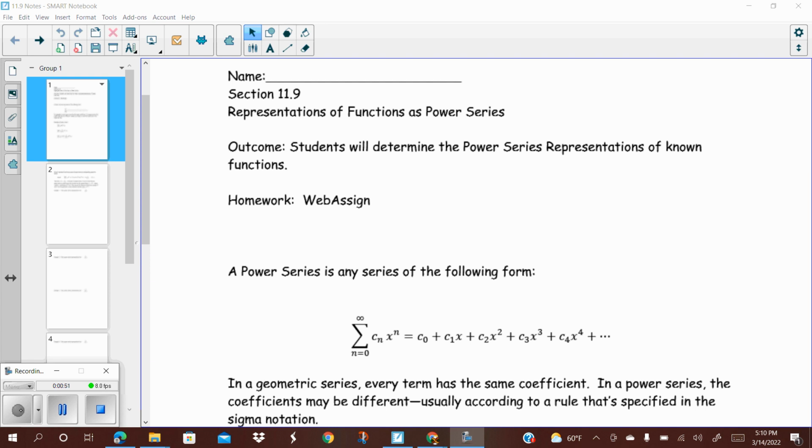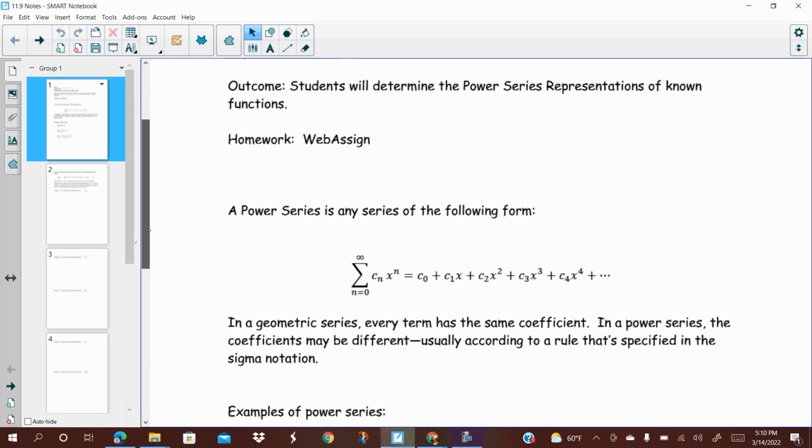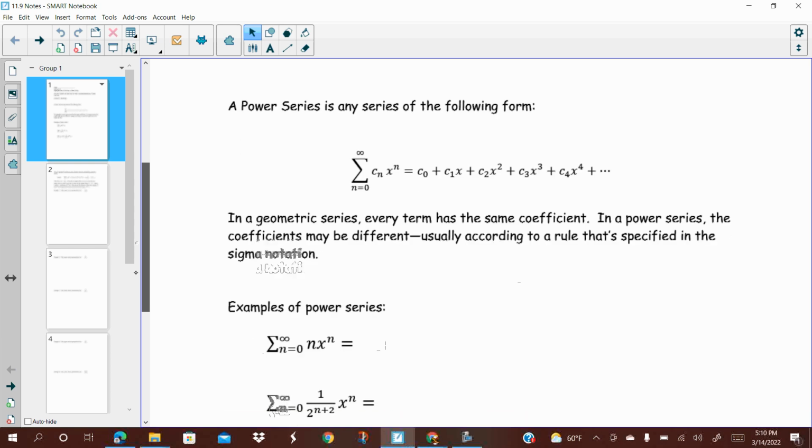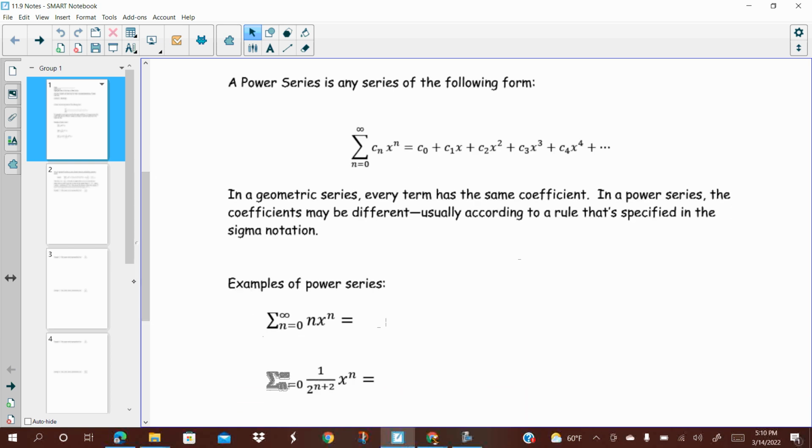So we're going to start off with the idea that we started talking about last time with these power series in 11.8. A power series is a series which can be written in the form of the sum of c sub n x to the n power. Now, the c sub n stands for some kind of a coefficient, but what you'll notice is the coefficients in this are c sub 0, c sub 1, c sub 2.